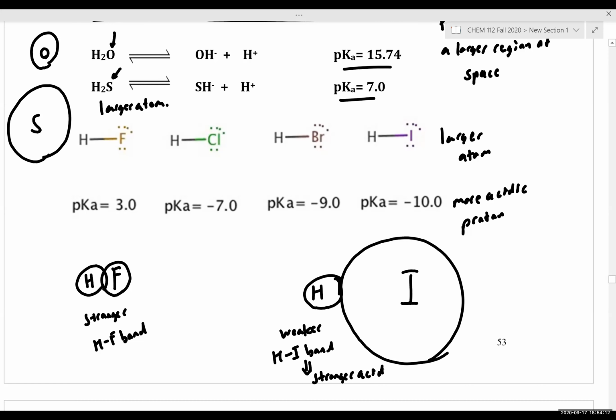Both interpretations are usable for predicting acid strength. Does that make sense to everyone?